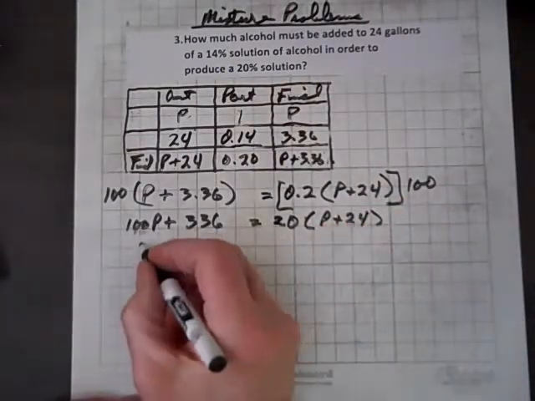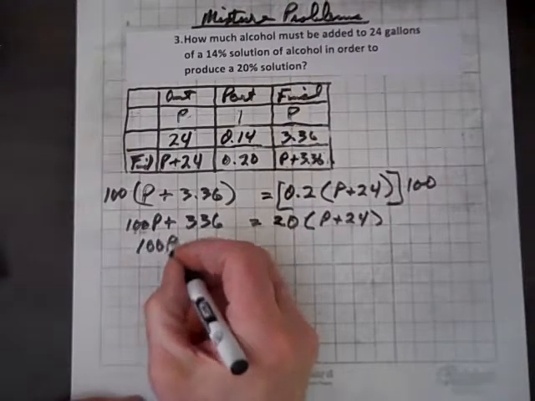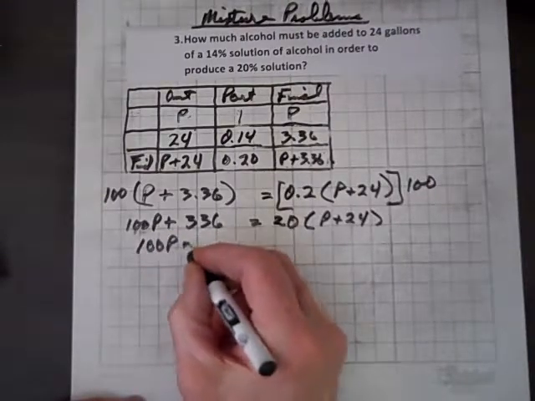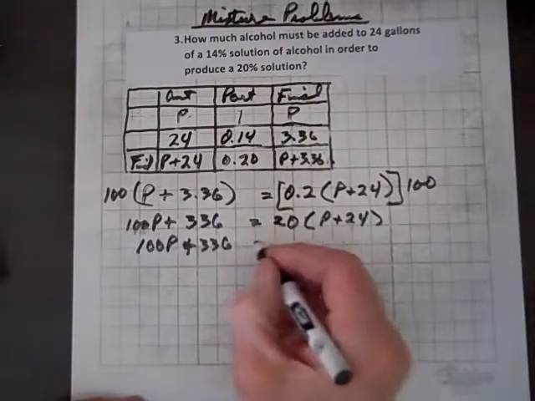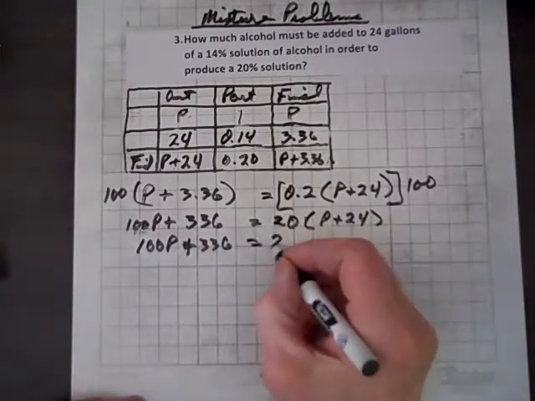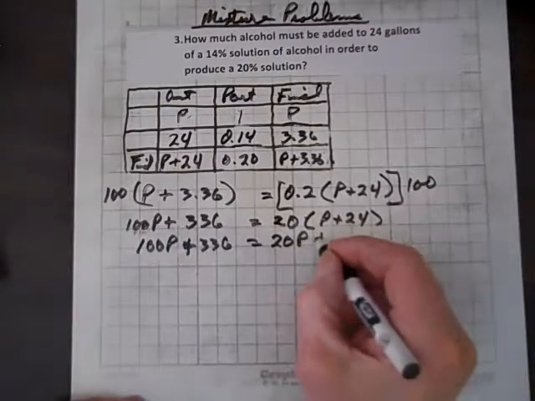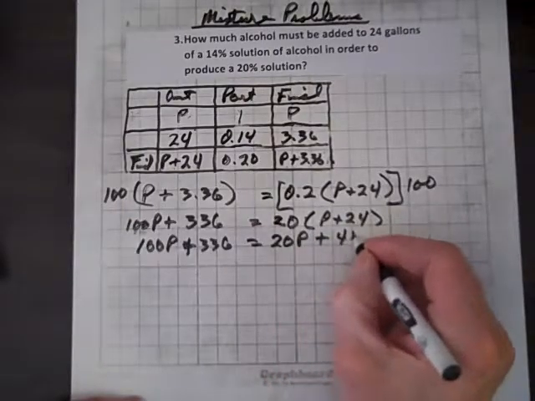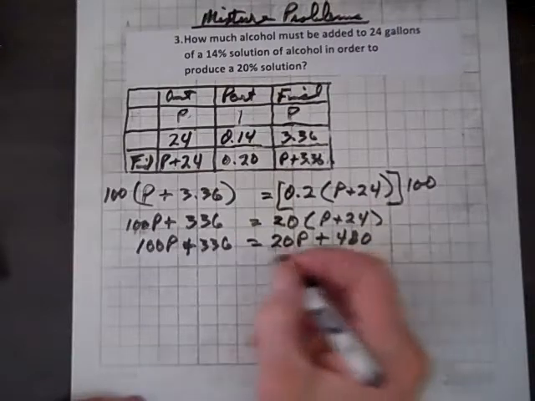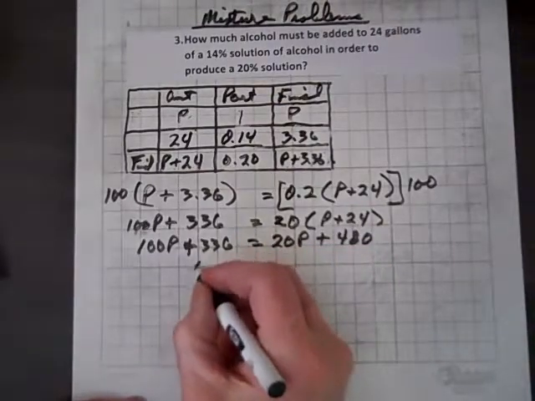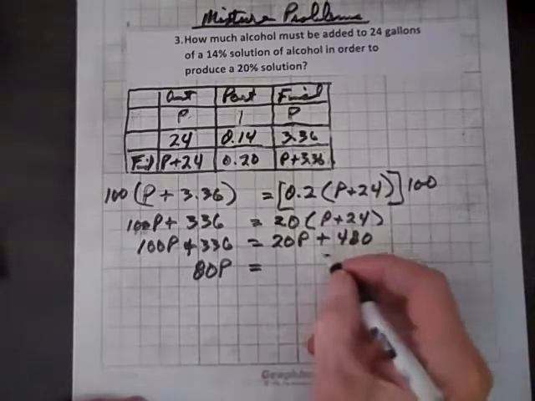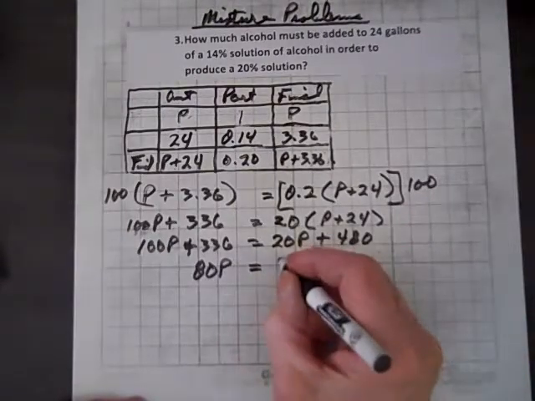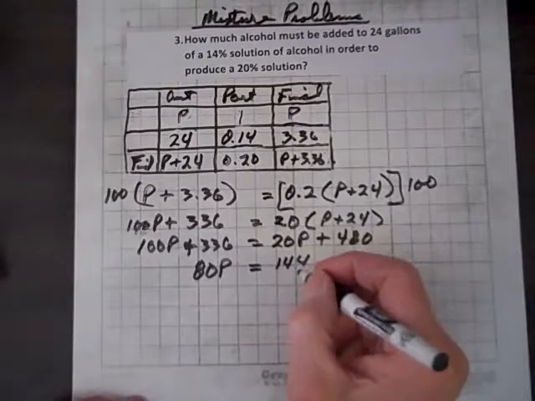So now we've got 100P plus 336 equals 20P plus 480. Now we'll subtract 20P from both sides and get 80P, and we'll subtract 336 from both sides and we'll get 144.